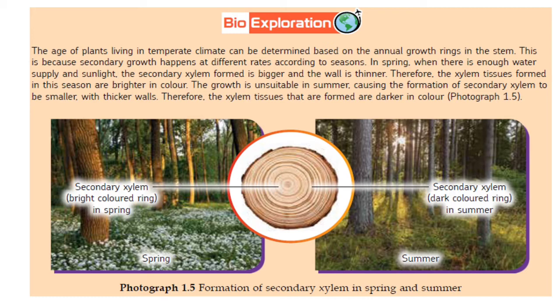The secondary xylem formed is bigger and the wall is thinner. Therefore, the xylem tissue formed in this season is brighter in color. But the growth is unsuitable in summer, causing the secondary xylem formed to be smaller with thicker walls. Therefore, the xylem tissue formed is darker in color and it will produce an annual ring to determine the age of the plant.